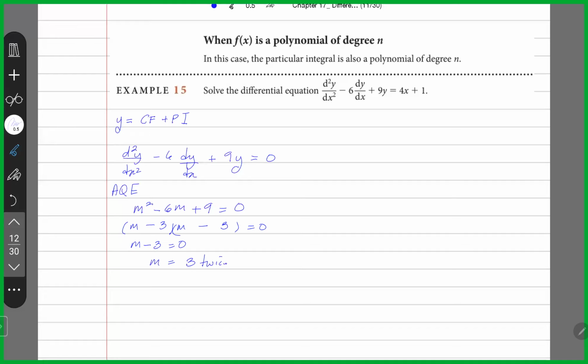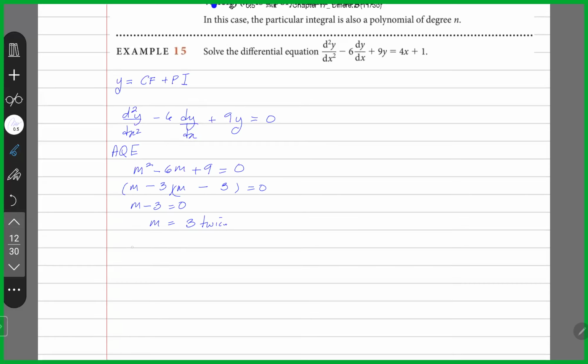Now, since m is equal to 3, the solution, or the CF, would be y is equal to ax plus b, e to the 3x. So this form of the solution of the homogeneous differential equation is used when the solutions are real but equal. Now let's go to the particular integral.